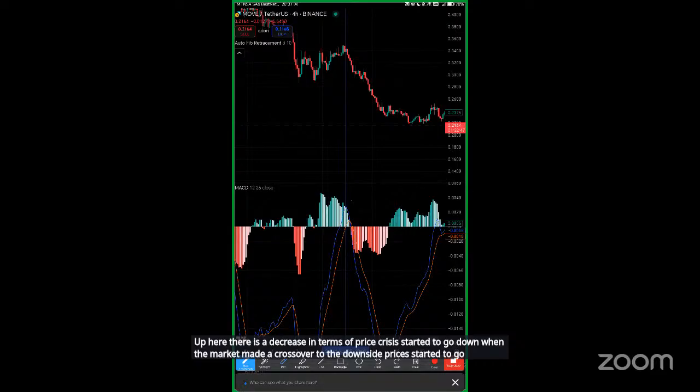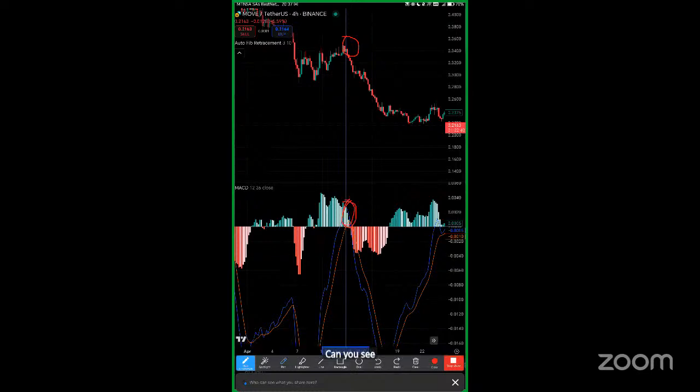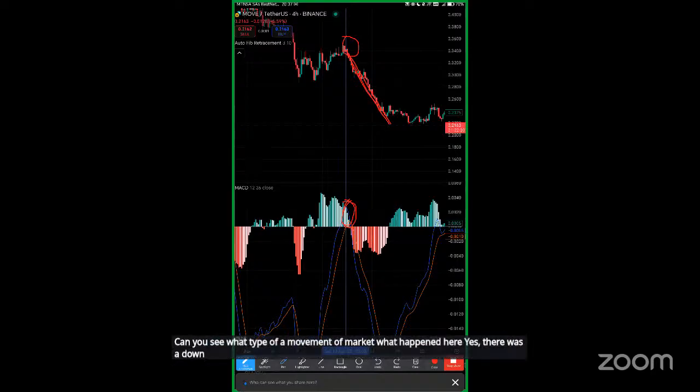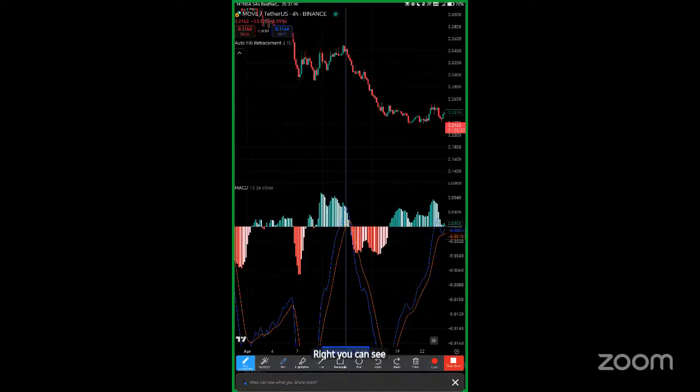So the MACD will help you understand what is happening here. Can you see what happened when the blue line crossed the orange line? There was a downward movement in price when the MACD line was moving below the orange line. You can see for yourself, ladies and gentlemen.